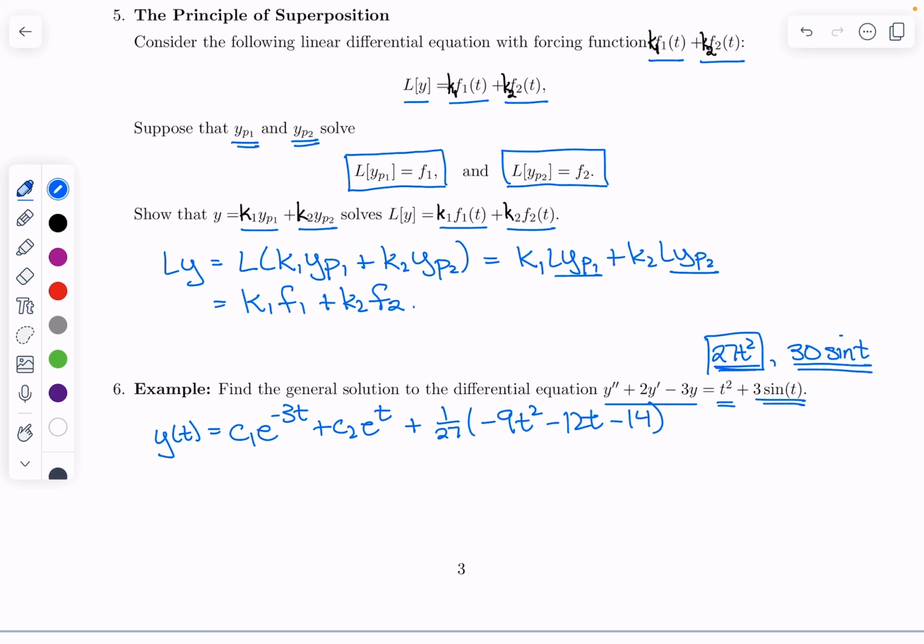And then it's also going to be 1/10 of the particular solution for 30 sine t, because now my right-hand side is 3 sine t. So it's 1/10 of my particular solution for the 30 sine t, which was negative 3 cosine t minus 6 sine t.